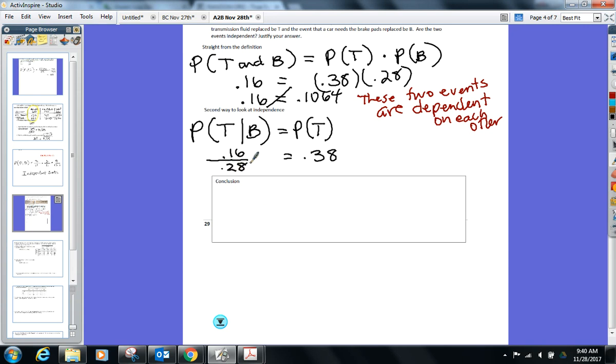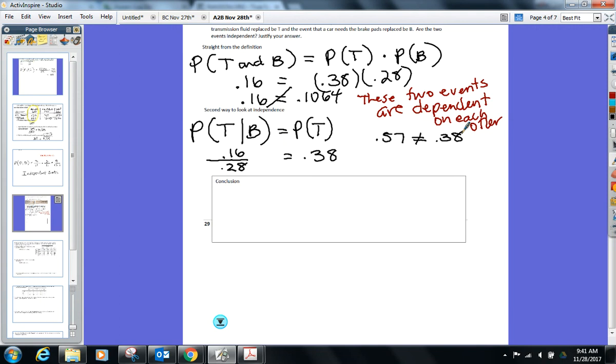Let's find out, are those the same? 0.16 divided by 0.28, about what? 0.57? Yep. Obviously not equal to 0.38. So that changed the probability. Listen, please.